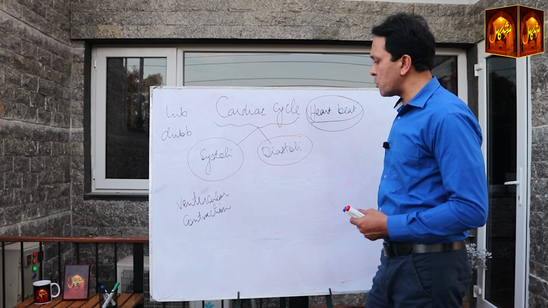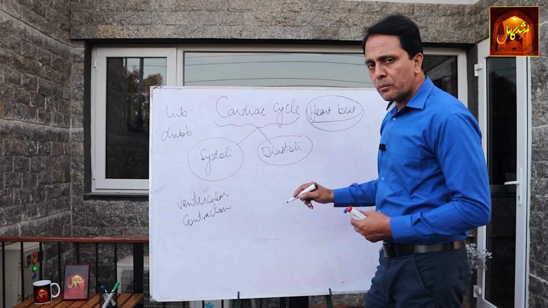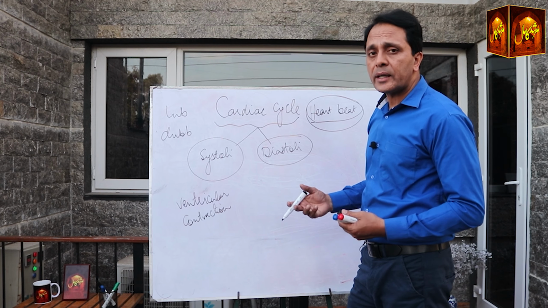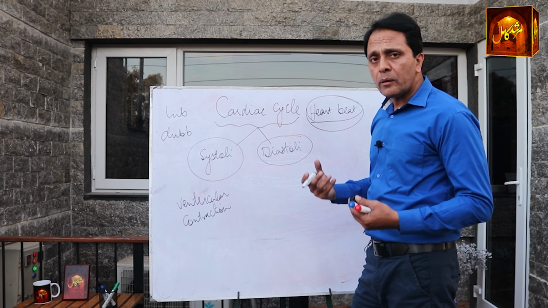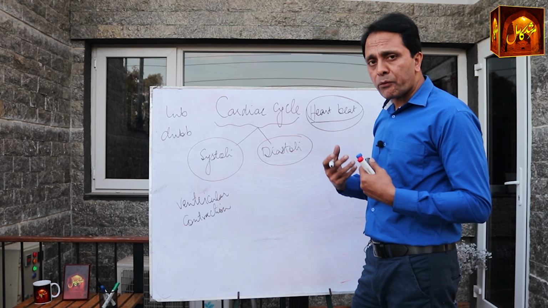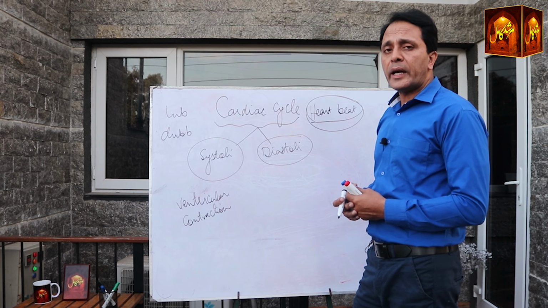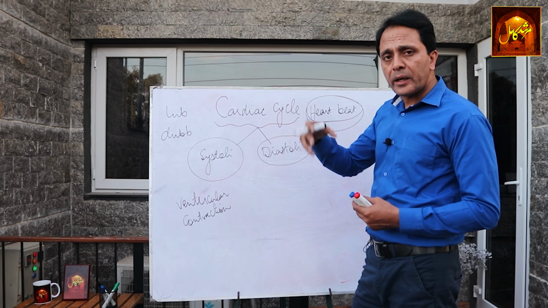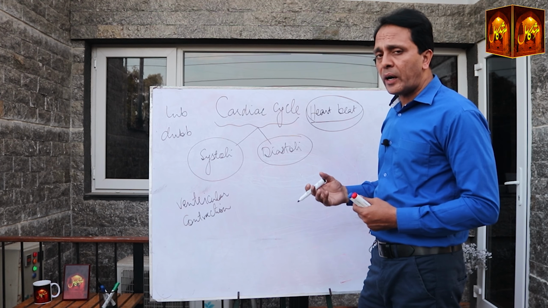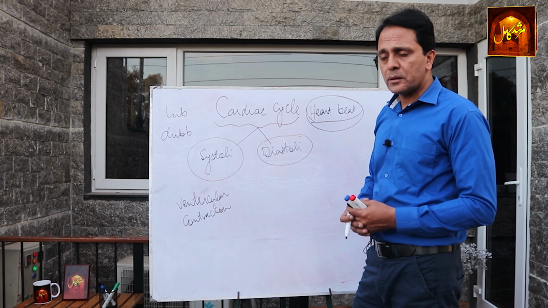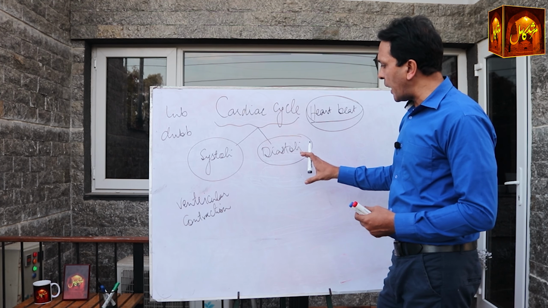Second, the diastole. Diastole means relaxation of the heart, the ventricles. When blood is moving back from the body towards the heart, and enters the chambers of the heart, the ventricles relax. That is called diastole.